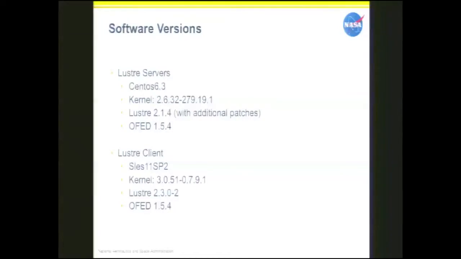That may change with RHEL 7x or Cent 7x. So we may switch back to Cent at some point. But the important part here is that there are limited versions of Lustre supported by our vendor, which is Intel or Whamcloud. So we were kind of forced to use Lustre 2.3. I don't think that had anything to do with the performance we saw, but it may.